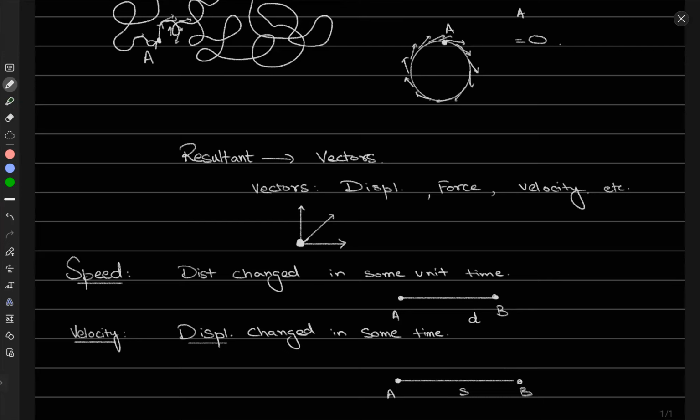Let me first give this a mathematical expression. Everything that I have told you so far was in English, really, and with visual expressions. But mathematically, in physics, really, everything is written in terms of mathematics.